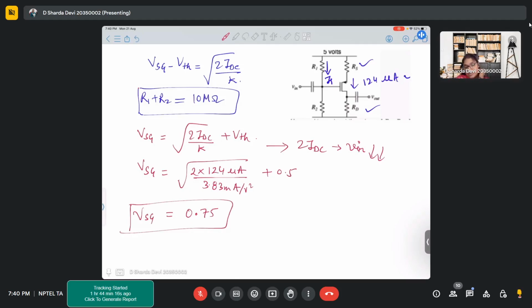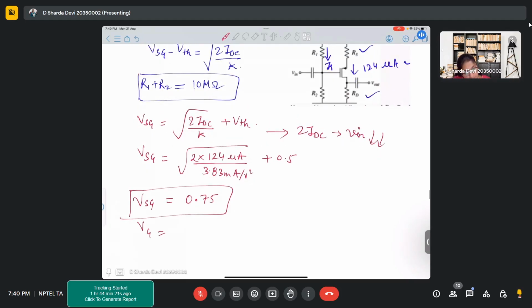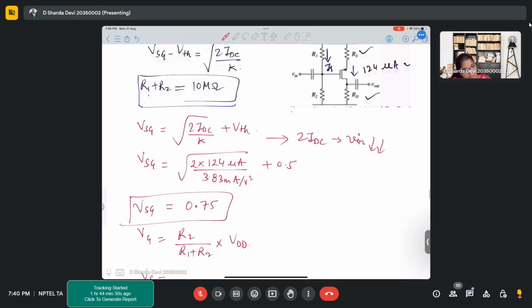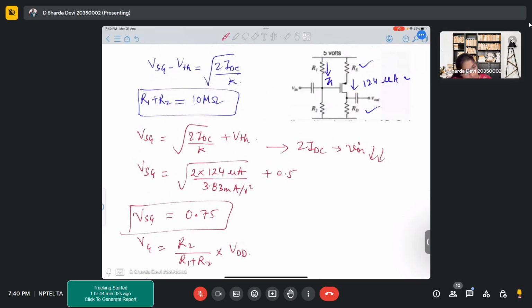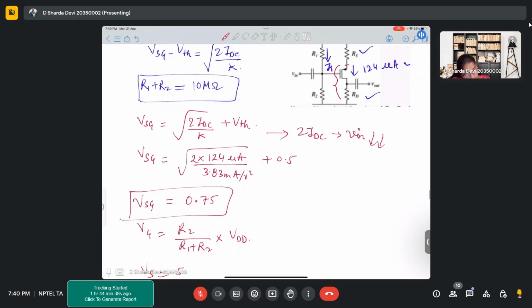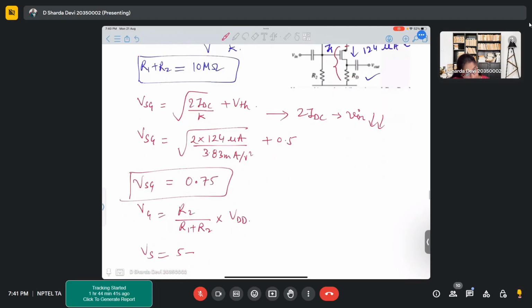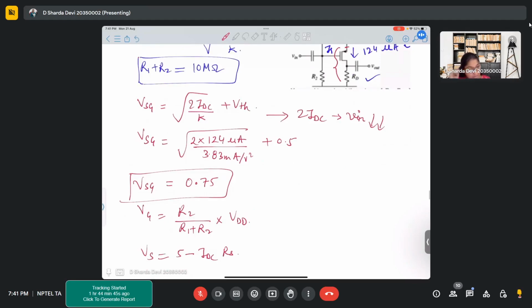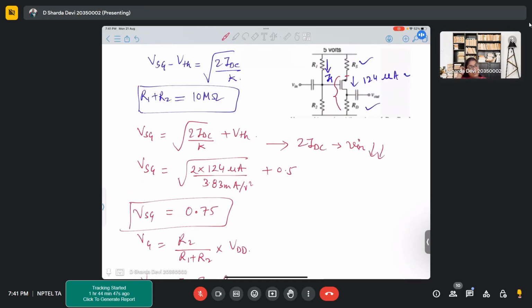Now for this VSG, VG is R2 by R1 plus R2 into VDD. This is VS. So VS is 5 minus 2 IDC into RS.